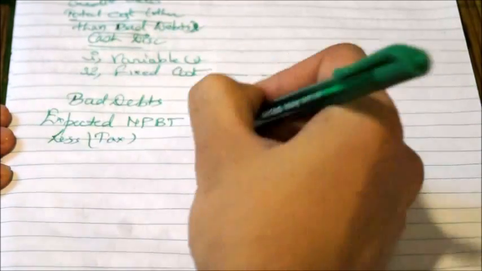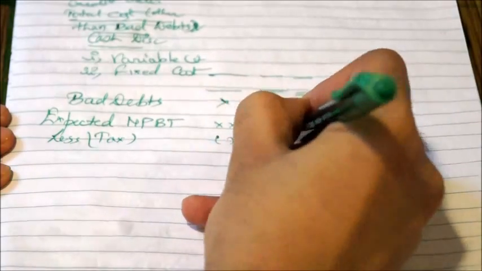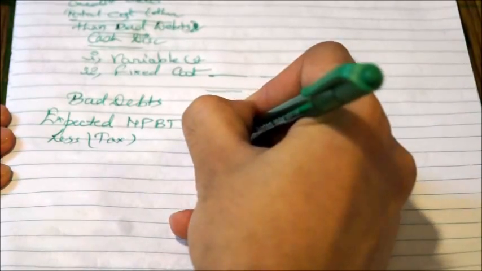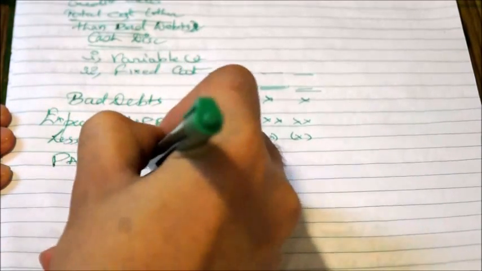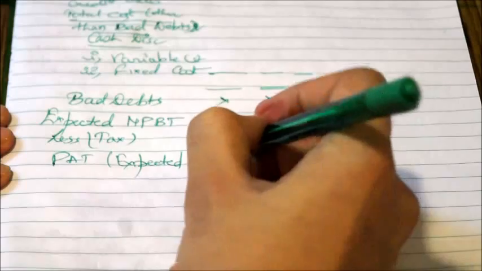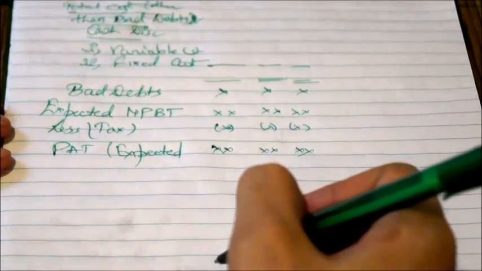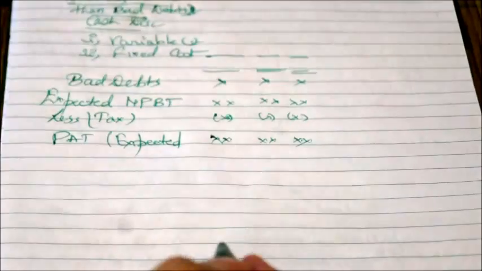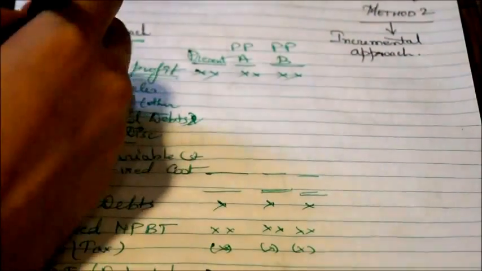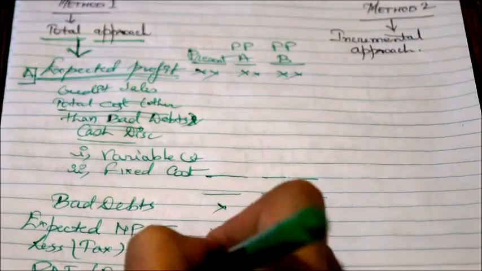After this you less your taxation, tax rates, and you're left with PAT. This is your expected profit after tax. All that you have done is all your expected profit. This could be your part A. Say your answer, this is your sub part A.